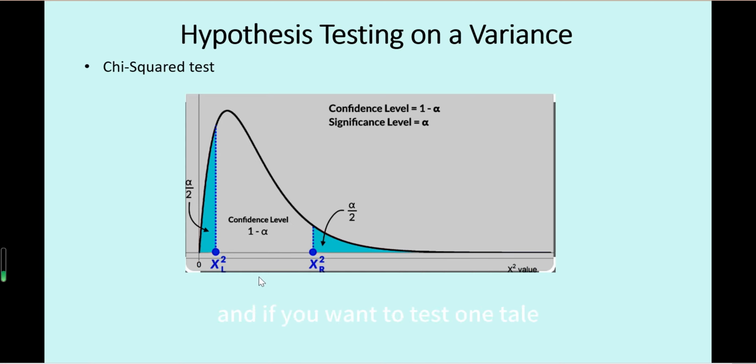And if you want to test whether the variance is less than a value, we just look at this area, and here is chi-square 1 minus alpha. There is no blue area now. If the calculated test statistic is less than this critical value, then the test will be significant.